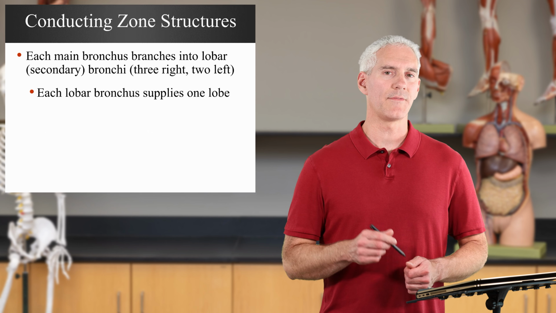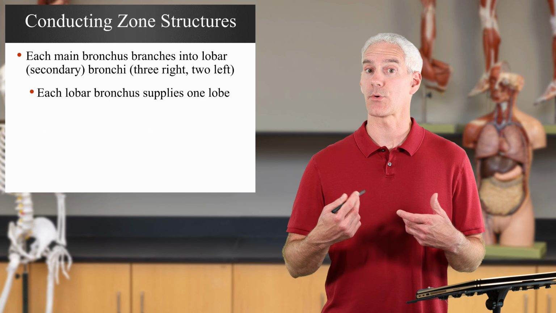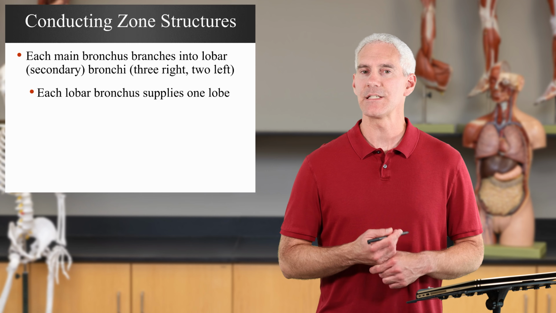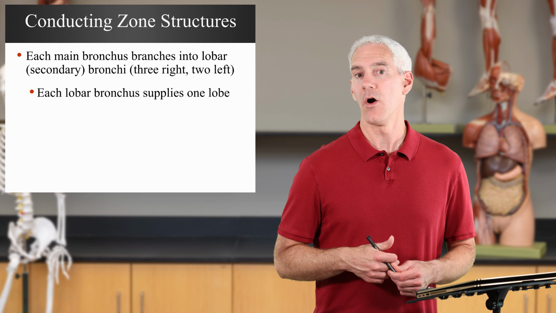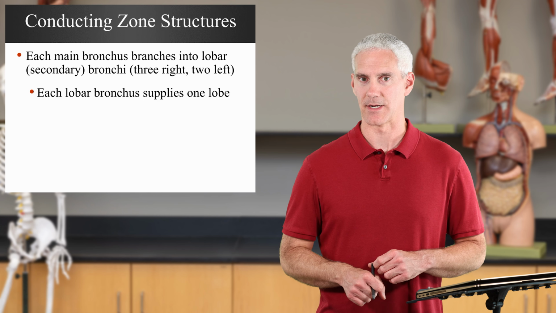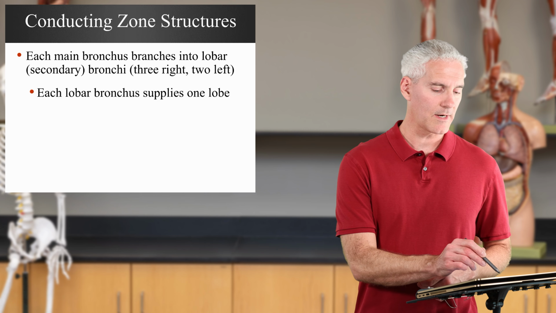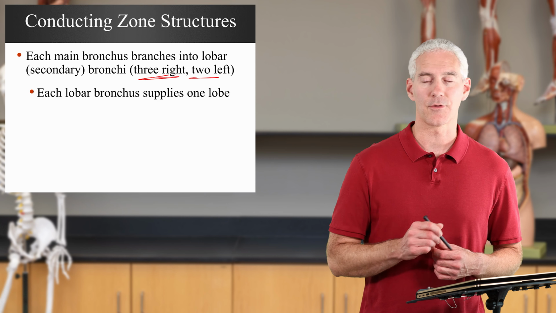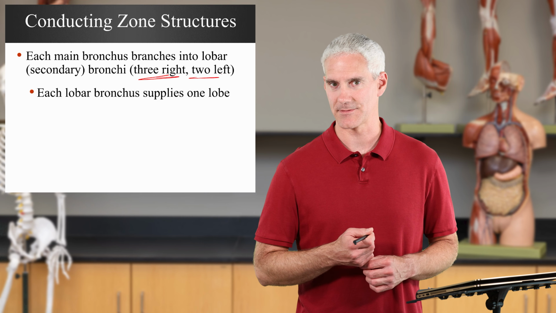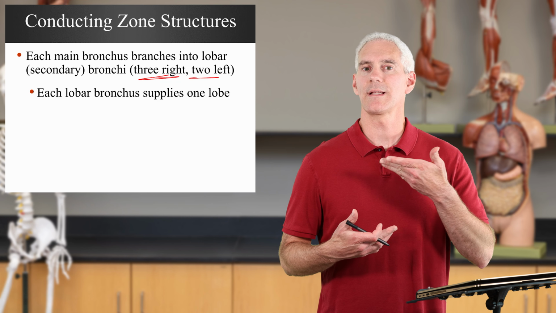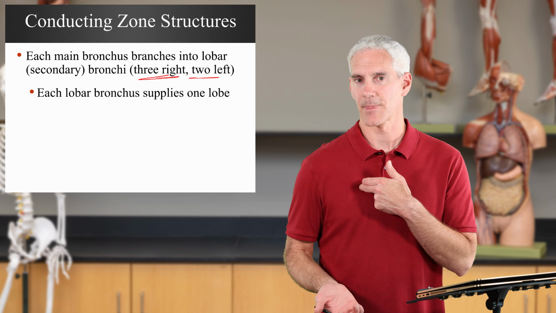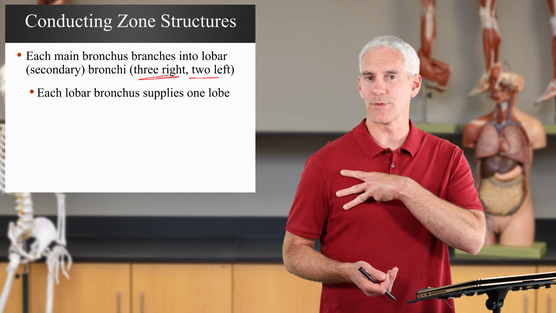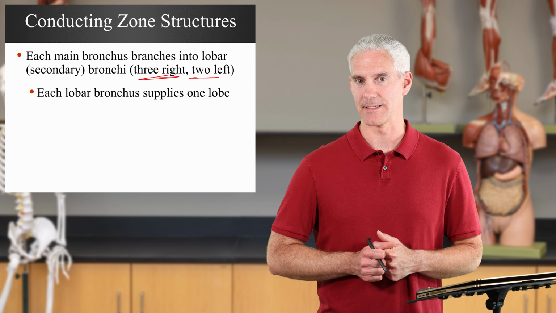Now, each one of these main bronchus, or primary bronchus, is going to split into lobar bronchi, also known as secondary bronchi. In total, there are 3 on the right and 2 on the left. So going down the right side, you have the main or primary bronchus going down to 3 secondary bronchi.